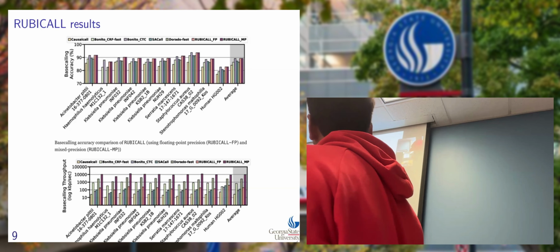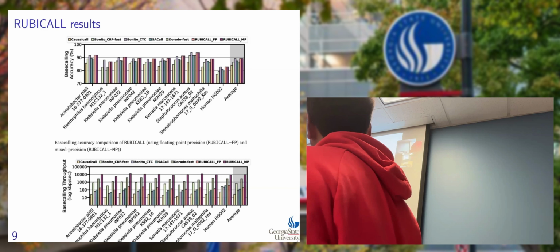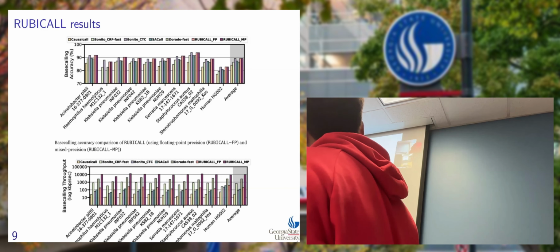For example, what we call mixed precision over different points on the x-axis. Sometimes it exceeds the 10,000, sometimes below the 10,000 kilobases per second. And that is for different genomes.